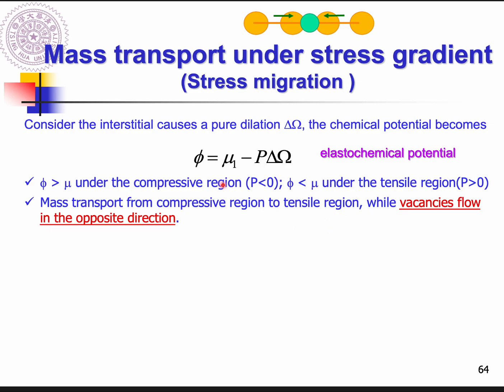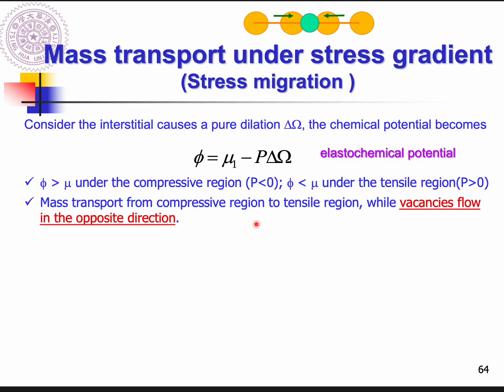Due to the variation in chemical potential, the atoms will definitely move from high chemical potential toward low chemical potential. So in this case, it will move from the compressive region toward the tensile region.